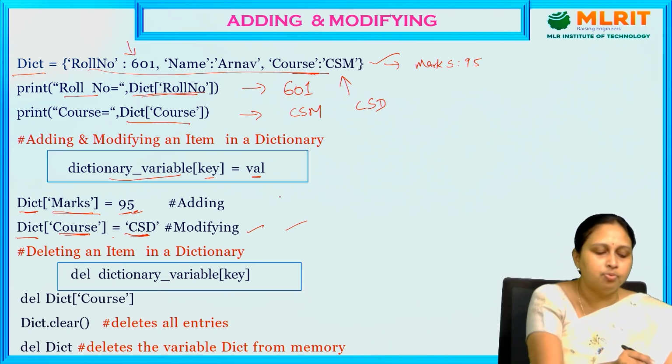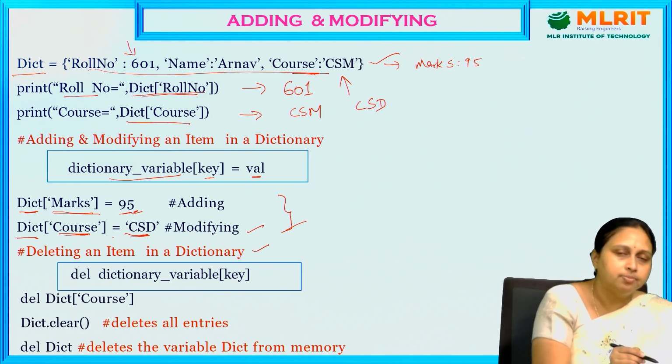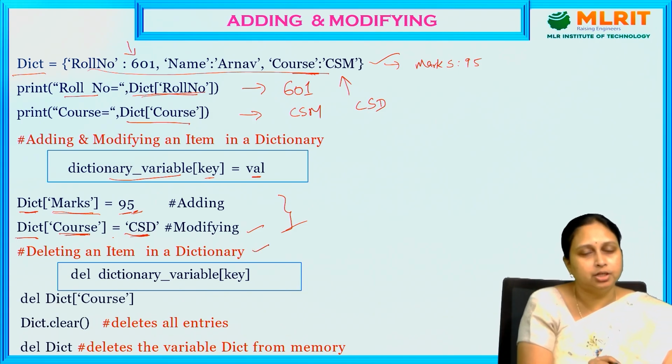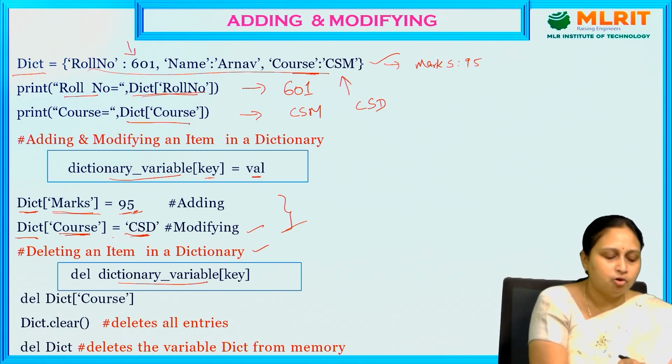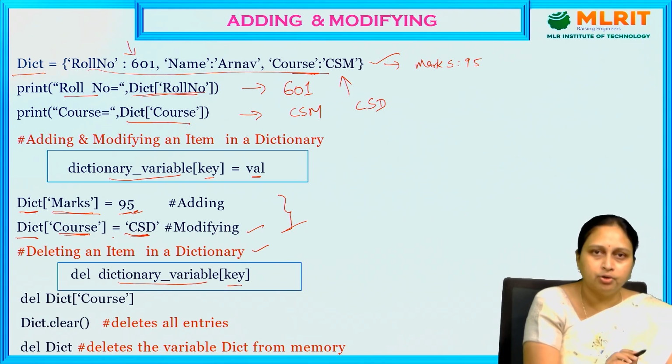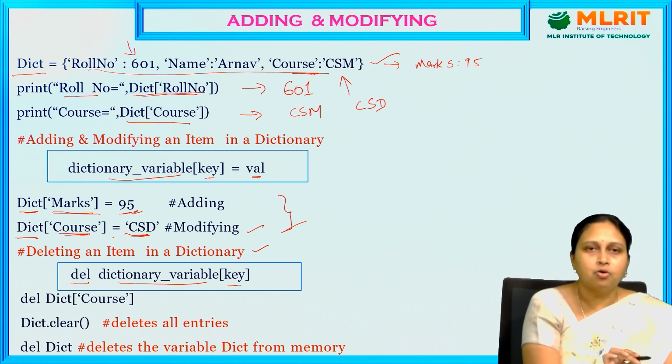This way, we can perform both adding and modifying in dictionaries, right? Next, deleting an item in a dictionary. How can I delete an item from a dictionary? As usual, we specify the dictionary variable followed by a key, and with that we use a predefined keyword called del.